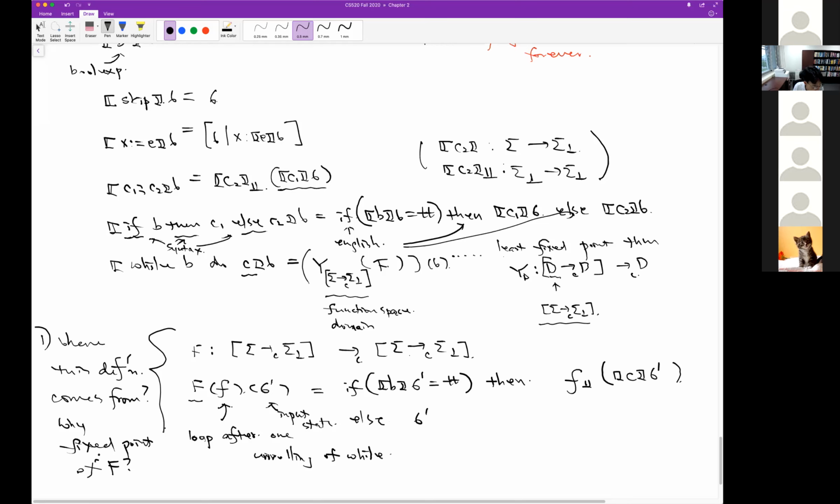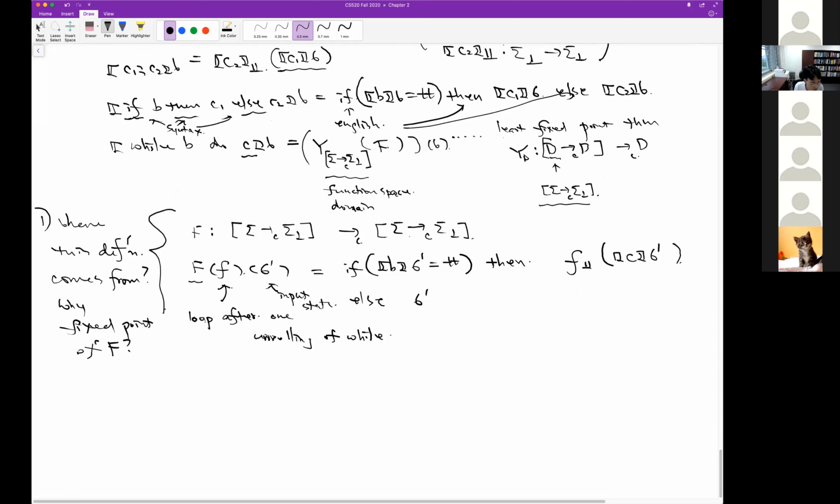So that's one question. A bit more difficult question is, why the least fixed point? Why do we have to use a least fixed point? We're going to talk about these on Wednesday.